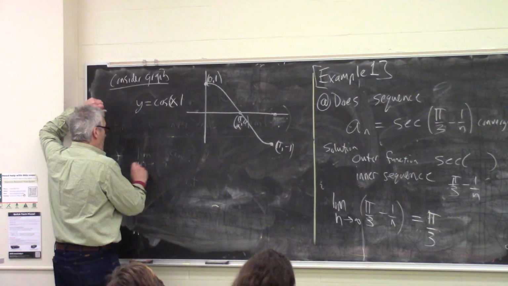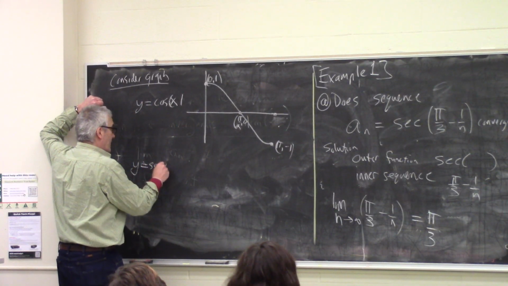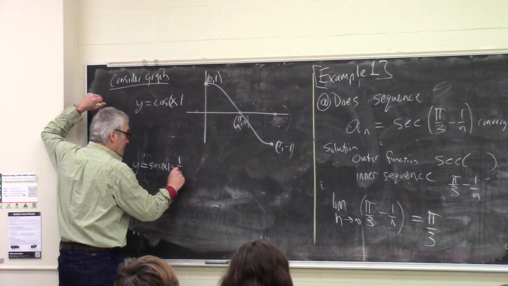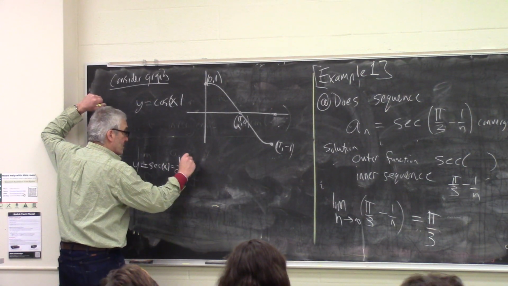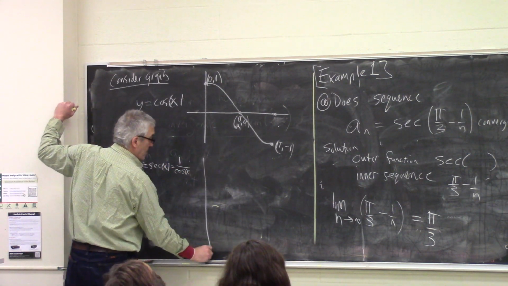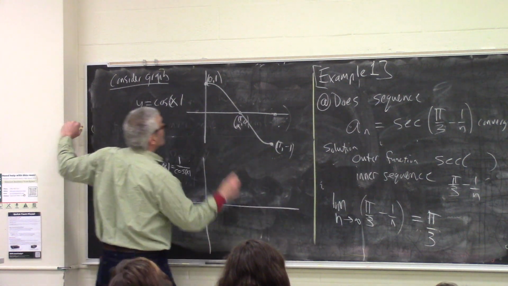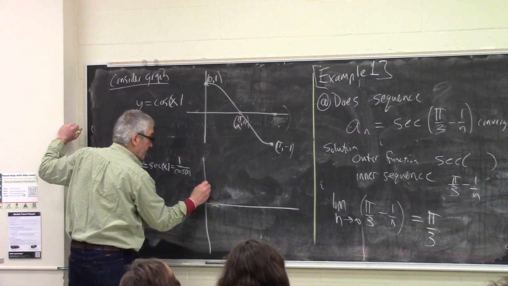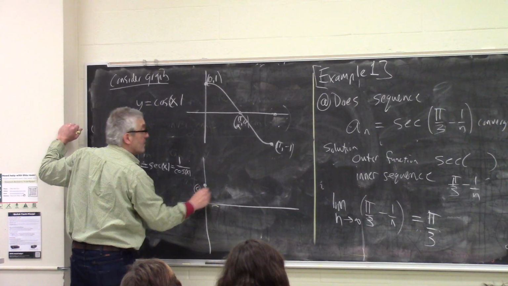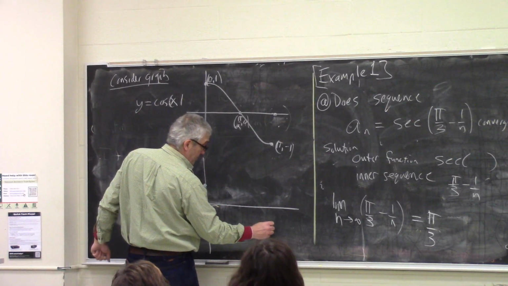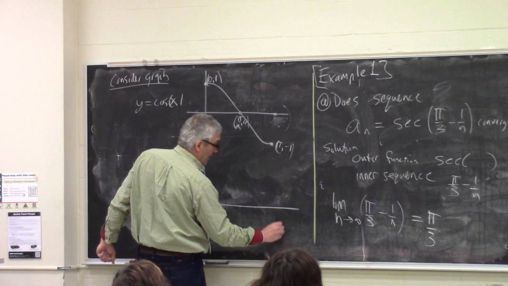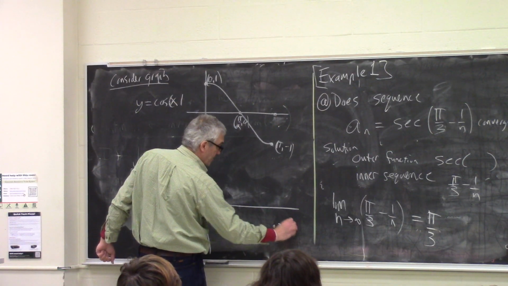So the graph of y equals secant of x, that's 1 over cosine of x. Well, 1 over 1 is 1, so it goes through the point 0, 1. 1 over negative 1 is negative 1, so it goes through the point pi, negative 1.